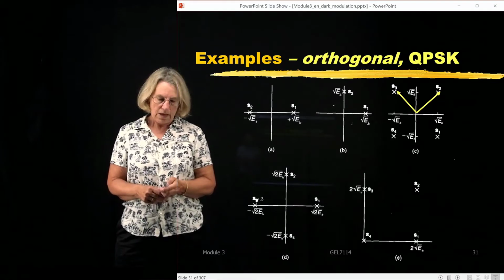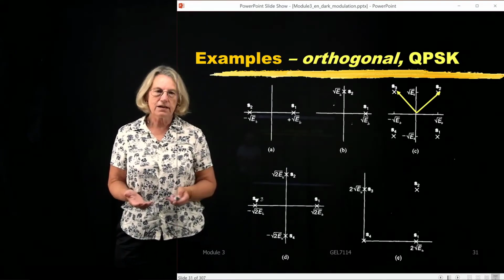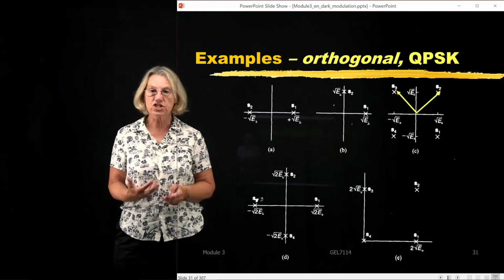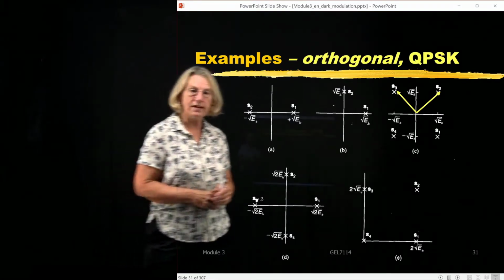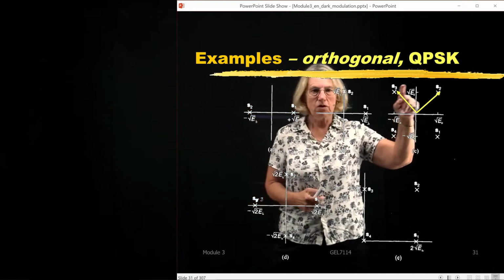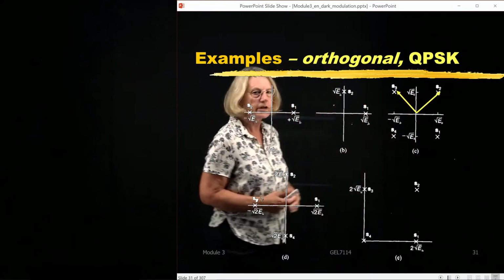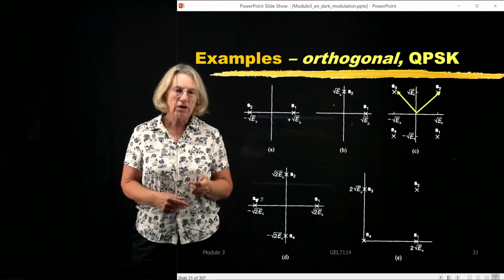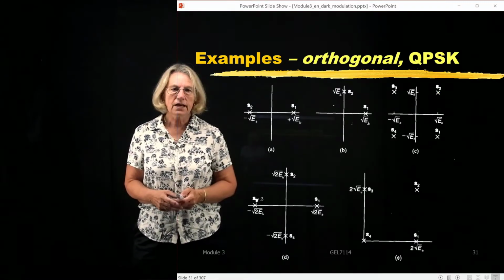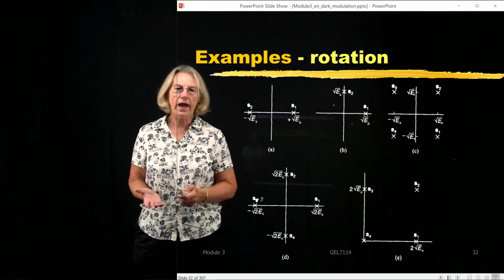Now, if I take that QPSK constellation, QPSK means that each one is represented by a different phase. So they're all at the same distance from the origin. They all are inscribed on a circle. And I could indeed plot that 2 different ways.